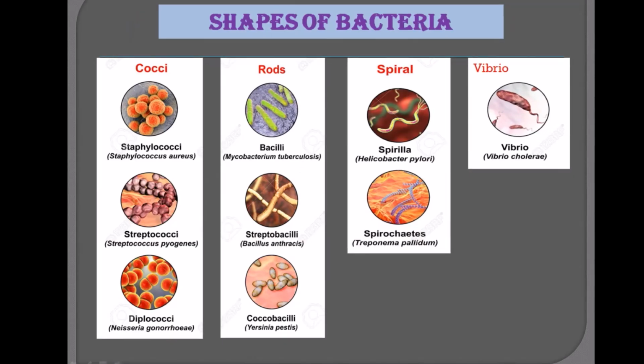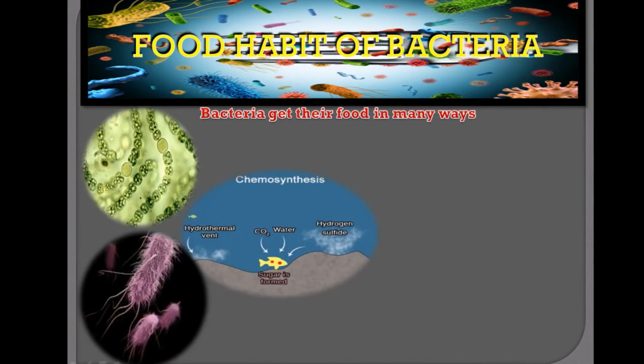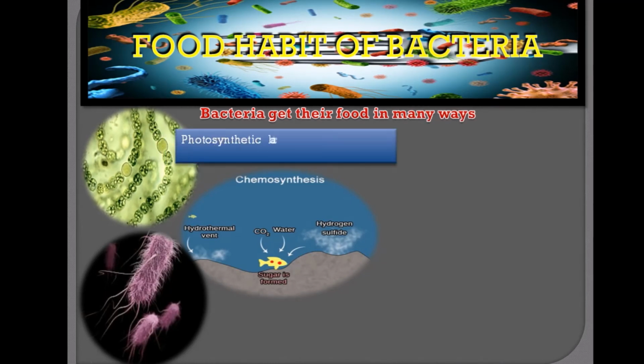So, we have learned about different shapes of bacteria as cocci, rod, spiral and vibrio. How do bacteria get their food? Bacteria get their food in many ways. For example, cyanobacteria prepare their own food through the process of photosynthesis, so they are known as photosynthetic bacteria.